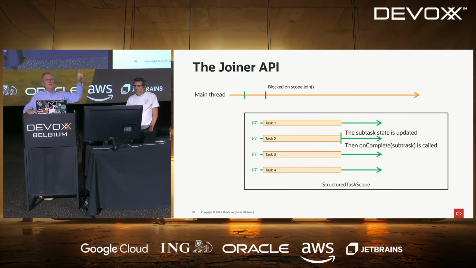So this onComplete is called in the virtual thread that executed your callable or your runnable. So the onFork is called in the main thread. The onComplete method, one per task, is called in each virtual thread that actually executed your task. So you may have concurrency issues if you're not cautious on this one.